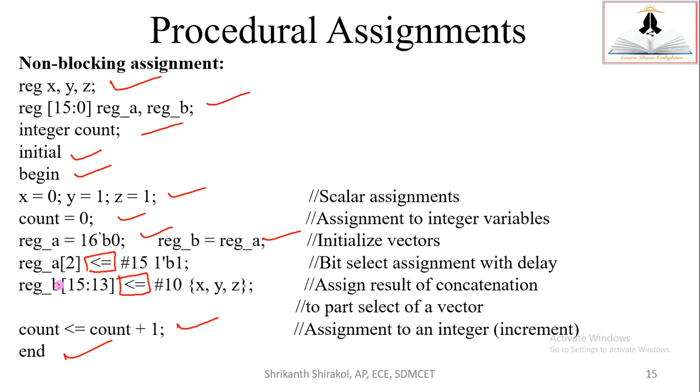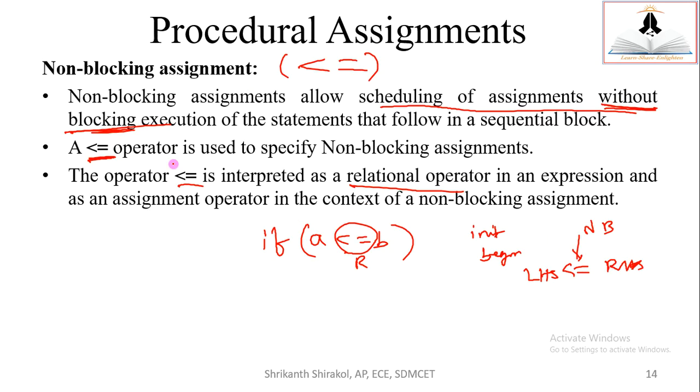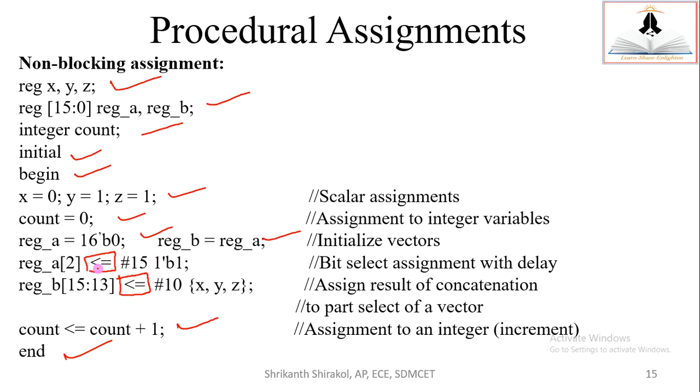That's the question. From the previous slide, we understood that it allows scheduling of the assignments without blocking execution of the statements that follow in the sequential block. So this should not block the next statement. When this non-blocking statement is executing, the following statements should also start executing.